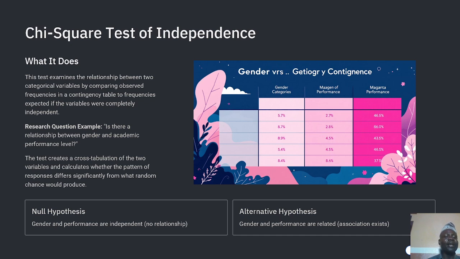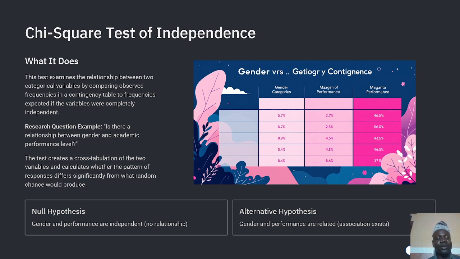For example, is there a relationship between gender and academic performance level? The test creates a cross tabulation of the two variables and calculates whether the pattern of responses differs significantly from what random chance will produce.